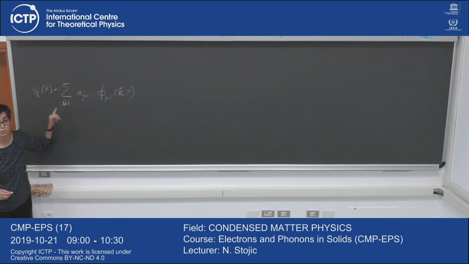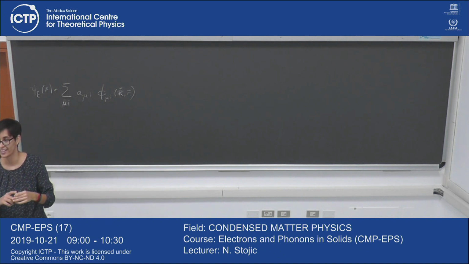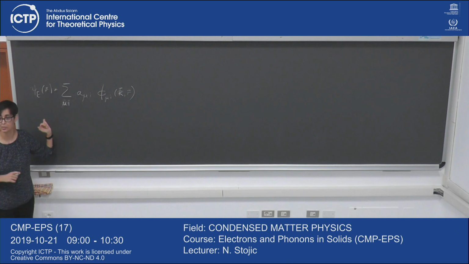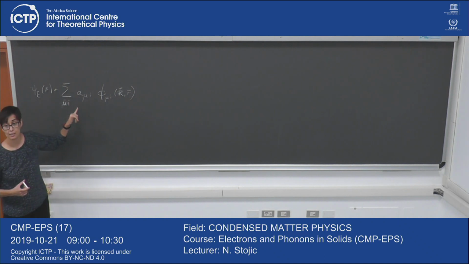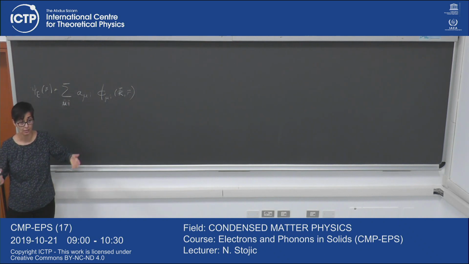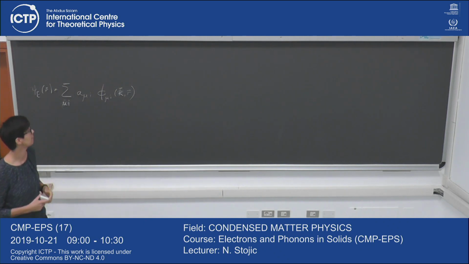So what is the index mu standing for? As far as I remember, it's the index of the atom in the unit cell, in the basis. So if you have more than one atom in the basis, you have mu 1, 2, 3, whatever. And i is the index of the state. So you have 2s, 2px, 2py, and so on.